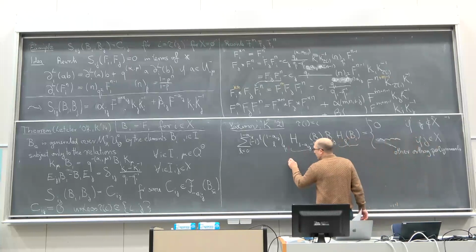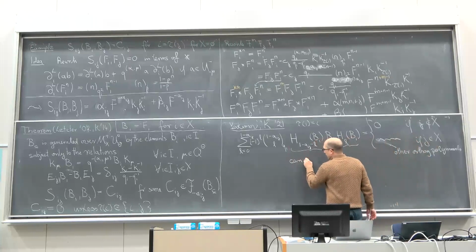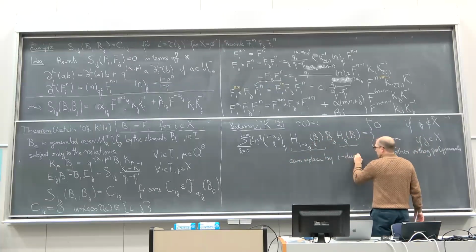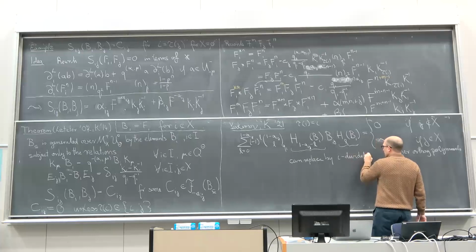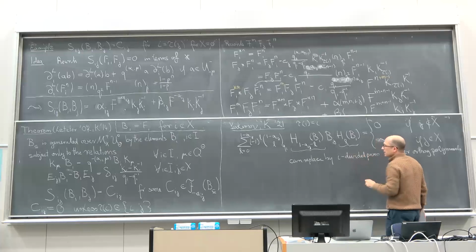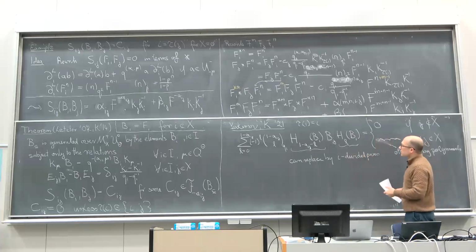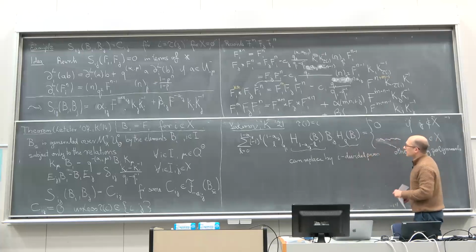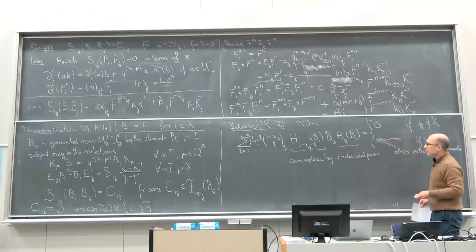So one can replace them by i-divided powers. The i-divided powers are nicer in some way. These are also some polynomials which are recursively defined because they're integral. And these things need some reparametrization, which makes them non-integral.